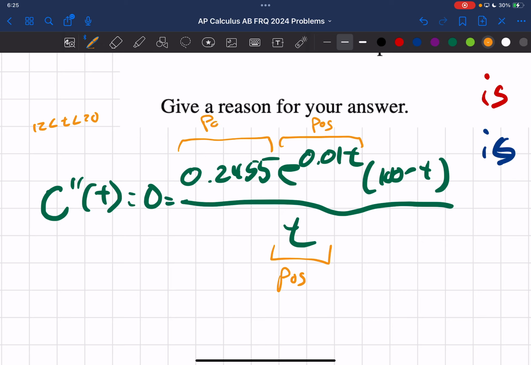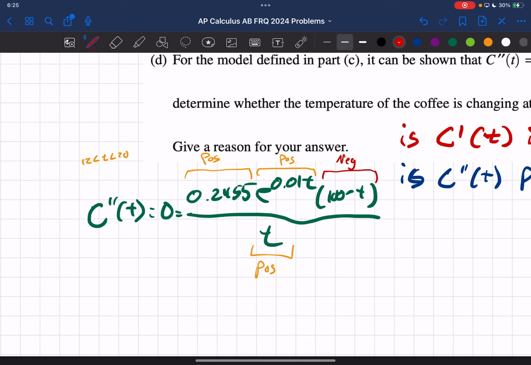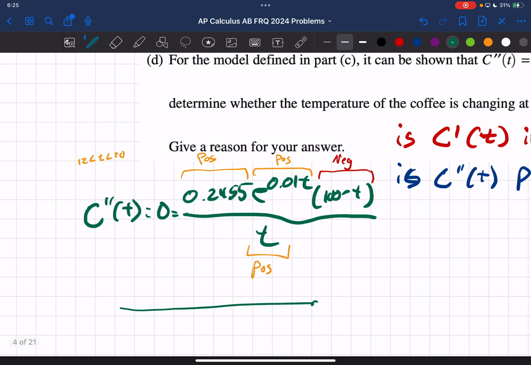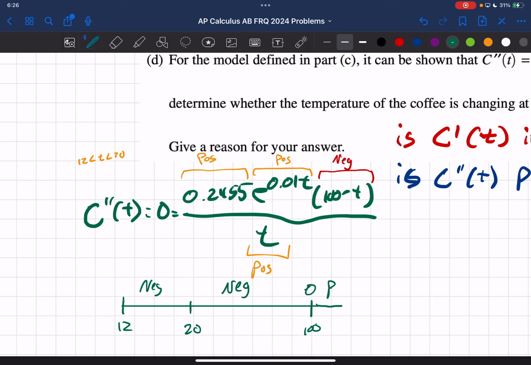And this right here is a constant. This is positive. Now the important thing here is that this part right here is negative. One thing you may want to do is justify that using a sign chart. Now we have 12, we have 20, and then over here we have 100. Over here, this is going to be negative. At 100, it's going to equal 0. And then past 100, it is going to be positive.